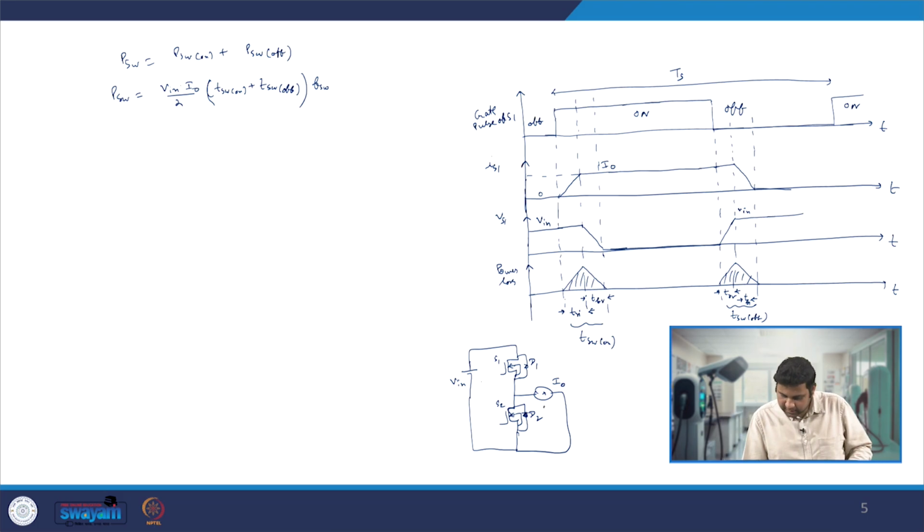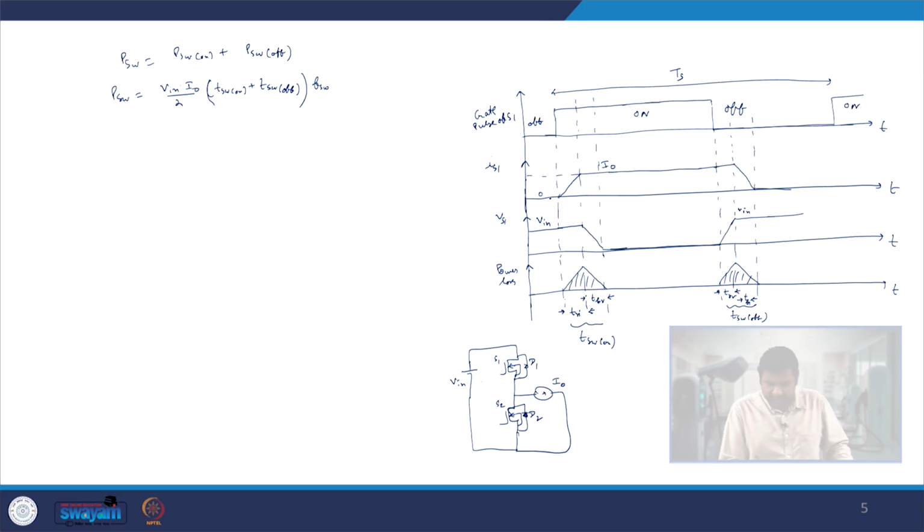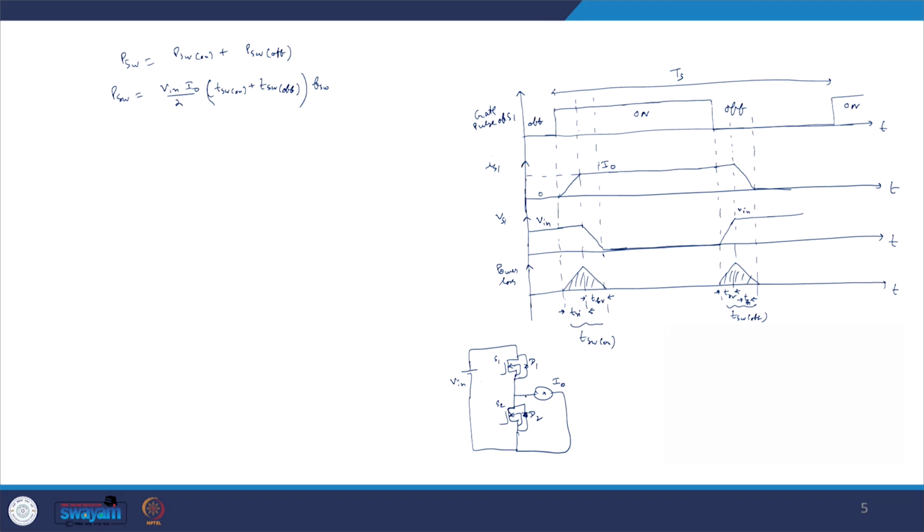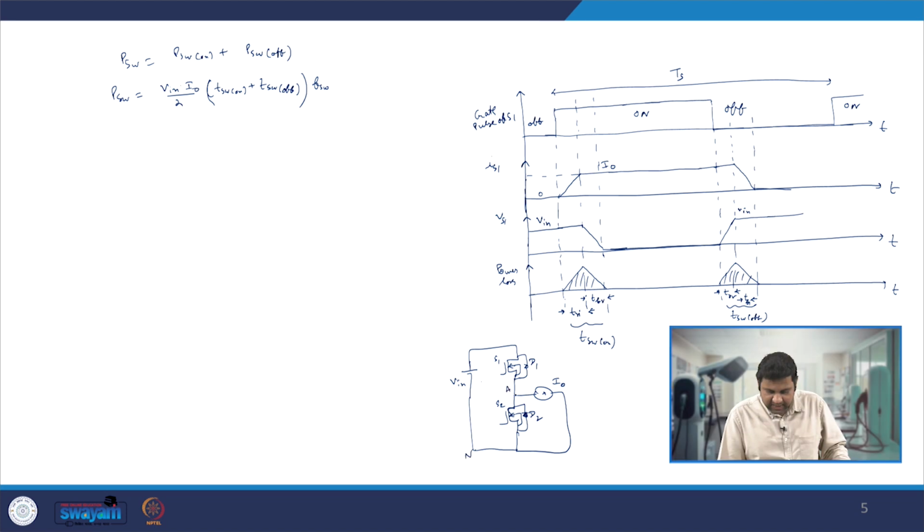At that point my current through the S1 switch is 0, because the entire current is going through this loop. During that time, since this switch is on, the voltage across the bottom switch is 0, so the voltage at VAN is 0, and the entire voltage V in comes across the switch S1. Similarly, on the other side, when the switch was given the off signal, the current will start shifting from the S1 switch to the bottom switch.